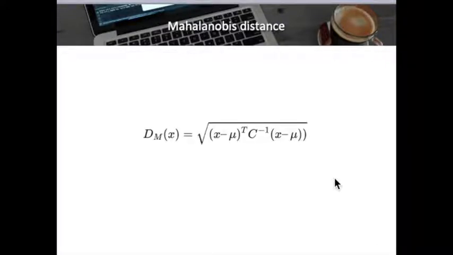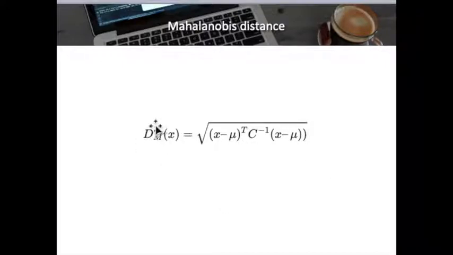Finally, an interesting way to use the covariance matrix is within the Mahalanobis distance, which is used to measure multivariate distances using the covariance. It computes uncorrelated distances between some point x and a multivariate normal distribution using the following equation.